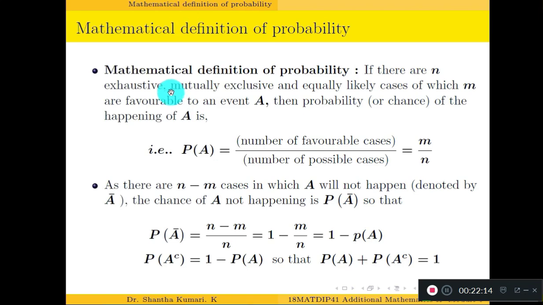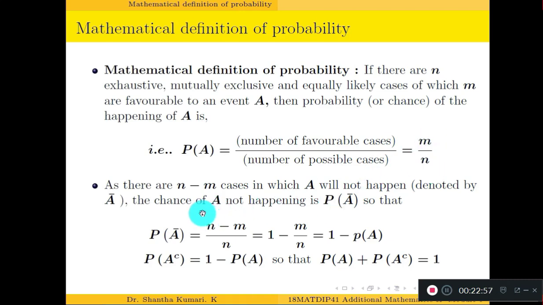If there are n exhaustive, mutually exclusive and equally likely cases in a random experiment, totally n cases, out of which m are favorable to an event A, then probability, or we also use the word chance, of happening of A is given by number of favorable cases divided by number of total possible cases. It is given by the ratio m by n.